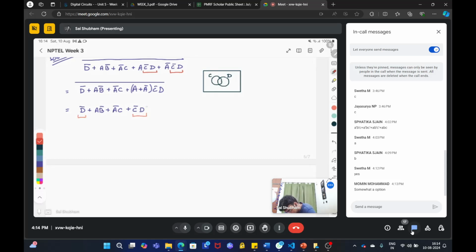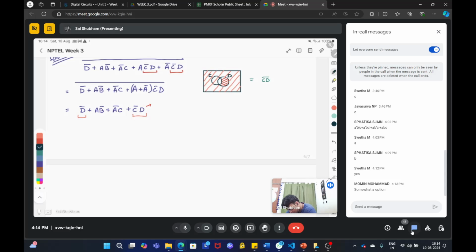So this expression says C dash D. So C dash means outside the circle C which is common to D. So this is your C dash D, and D dash means this area. So if you look closely, this is similar to CD bar.